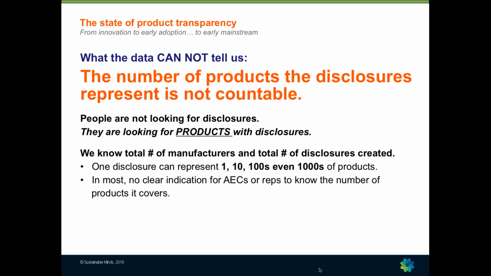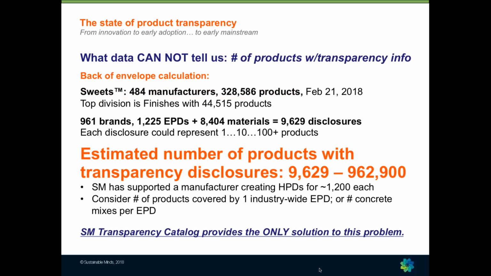We've even supported a manufacturer in creating HPDs where there were over 1,200 products represented in one single disclosure. So there's really no clear indication for AECs or manufacturers' reps to know which products and all the SKUs are covered by a particular disclosure.